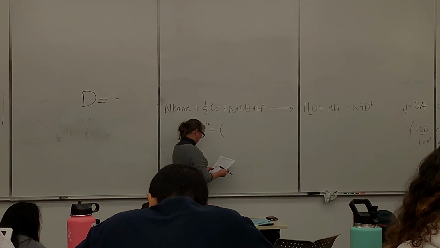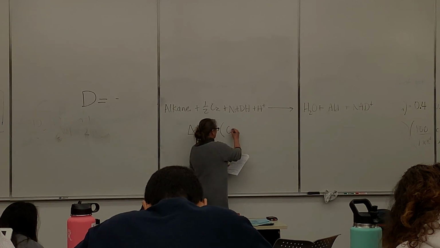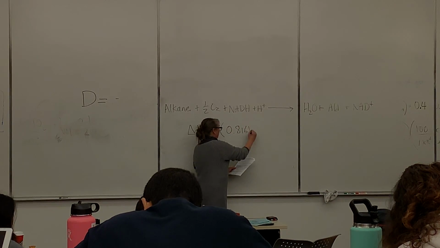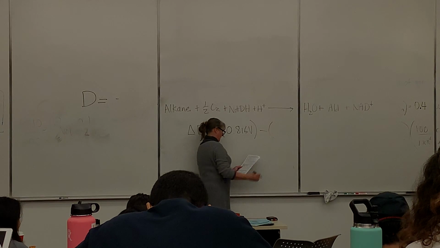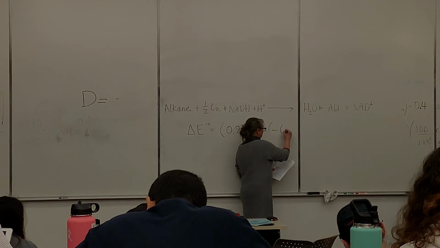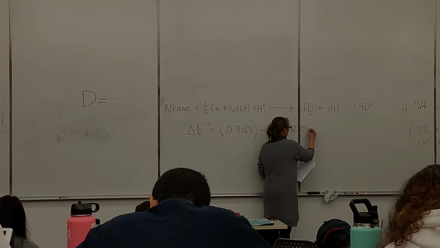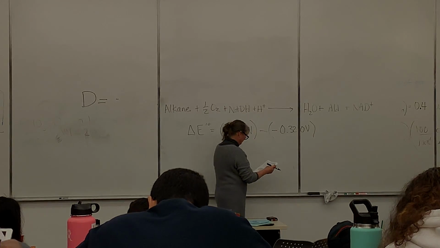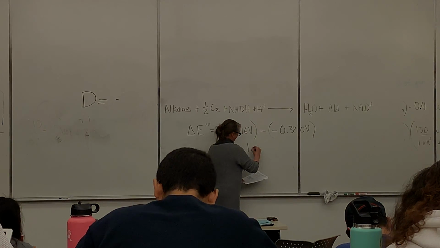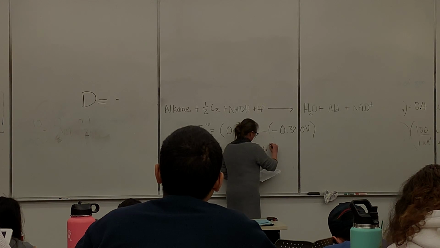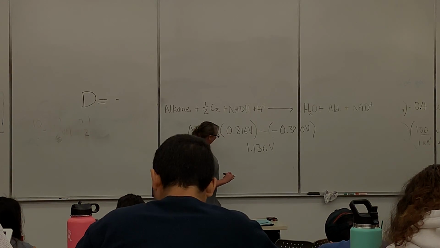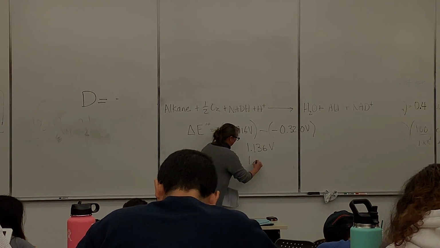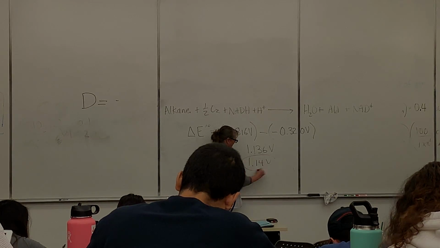Right, so we'll put the oxygen one here, 0.816 volts minus negative 0.320 volts. And that should be 1.136 volts, but it's only got 3 sig figs, so 1.14 volts.